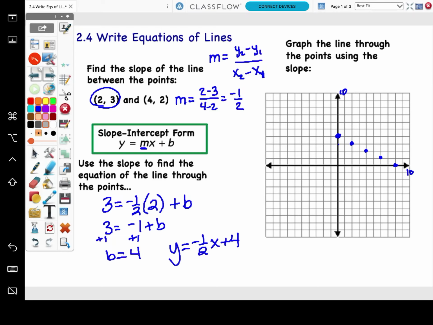And I should be able to see that those 2 given points, (2, 3) and (4, 2), were on the graph. So (2, 3) is right there. I made it pink. And (4, 2) right there. I made it green. So we probably have the right equation of the line because all of those things kind of just make sense together.